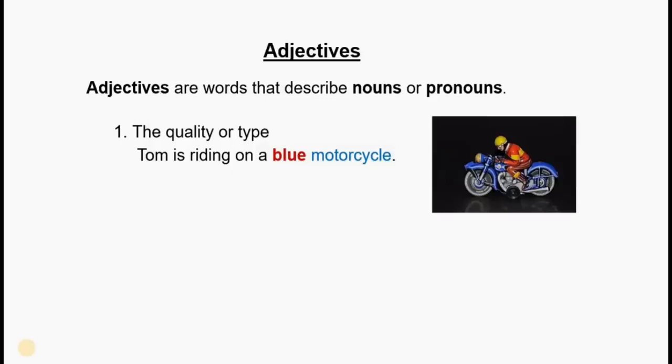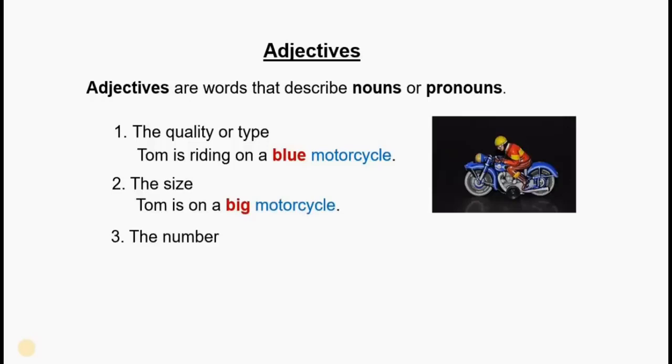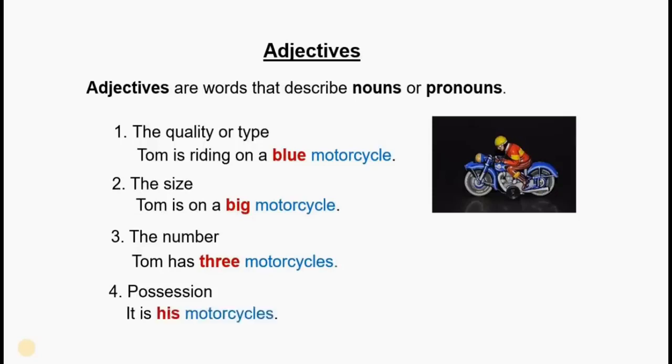An adjective can also describe the size. For example, Tom is on a big motorcycle, or perhaps the number or the quantity. Tom has 3 motorcycles. Possession. It is his motorcycle. Alright?